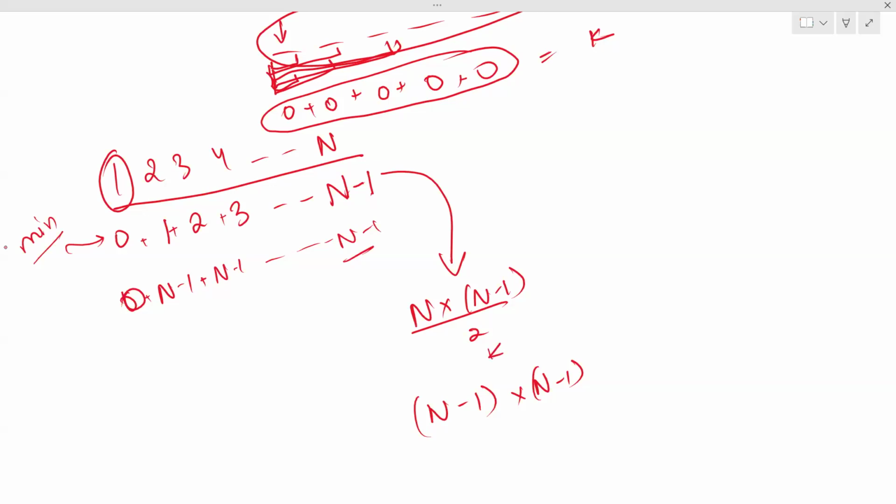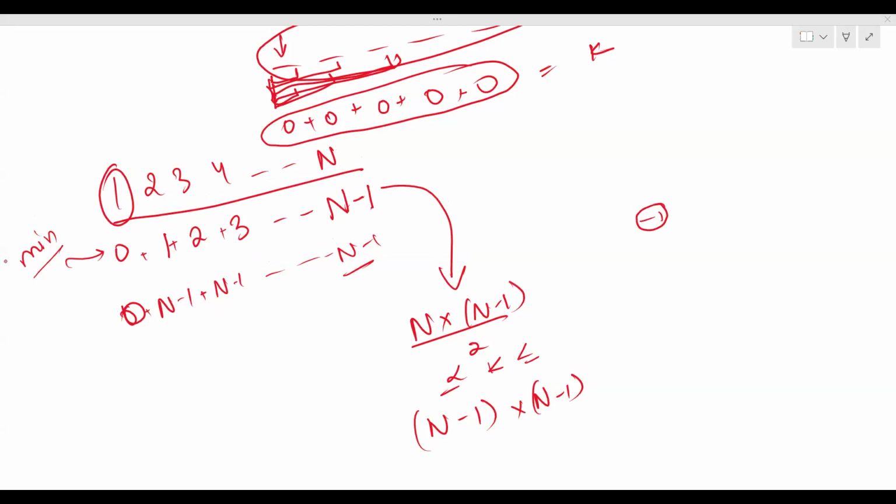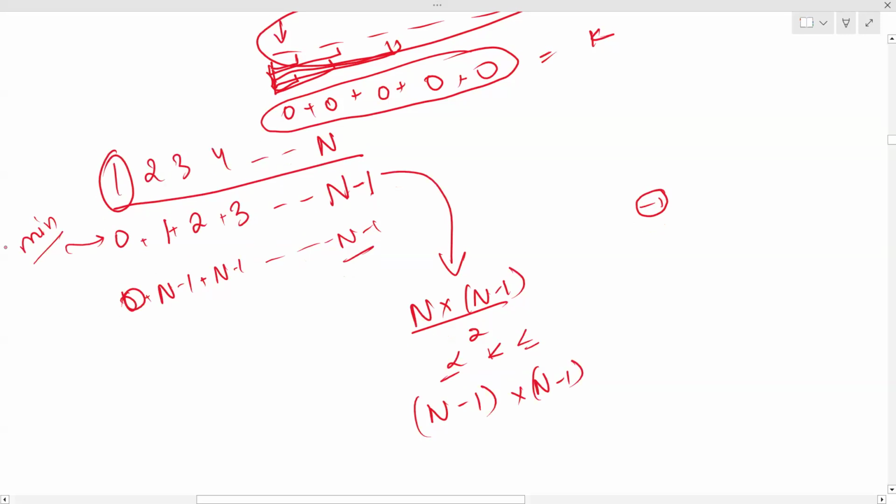So if your k is not between these two limits, the answer is simply minus 1. Right? Yes, no? The answer doesn't exist if your k is not between these two, otherwise the answer always exists.